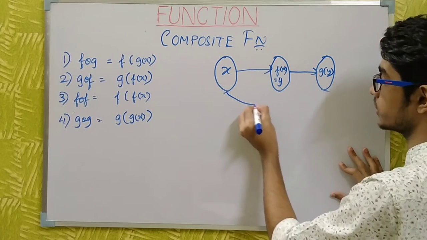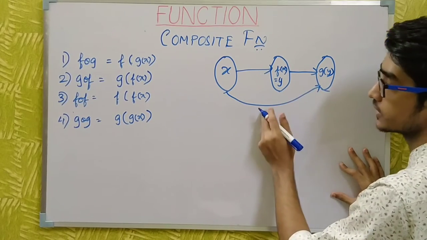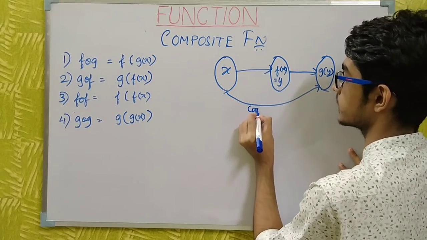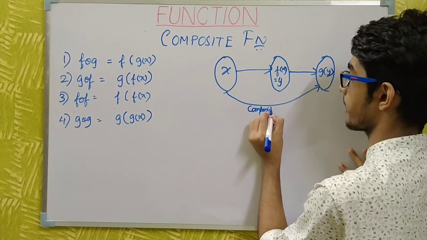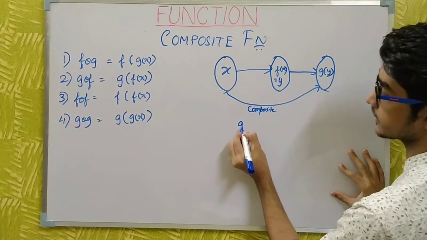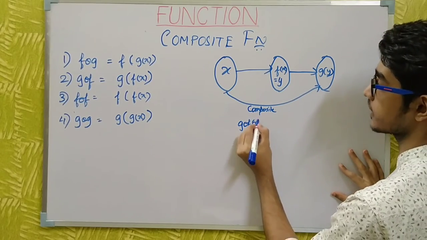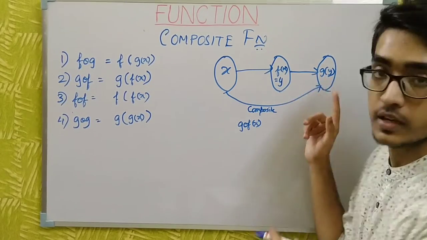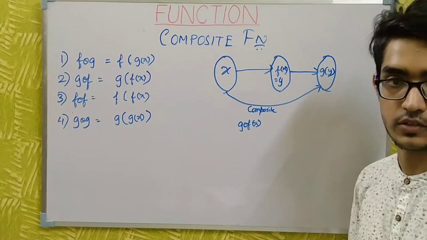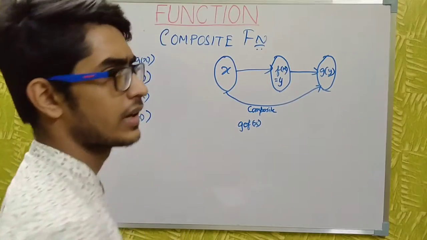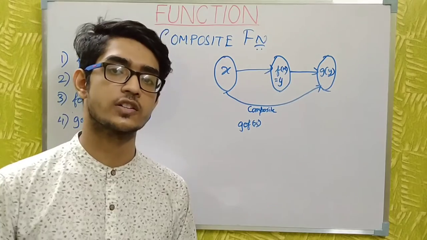Then from here to here, if we have a function, this is called a composite function, which we can see is a function of x, because the x is going to g. Okay. Now let's do some sums on this kind of function.